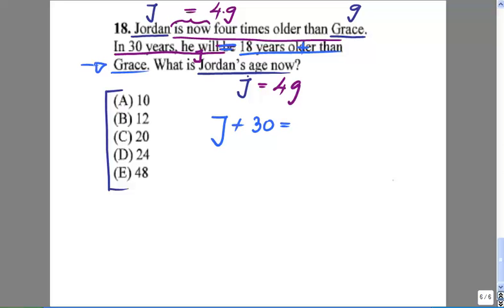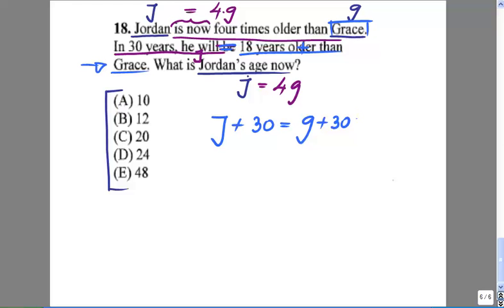But be careful here, because Grace had also aged, okay? So it's not our Grace of today, it will be our Grace 30 years older. So that means I will have G plus 30 years, okay?